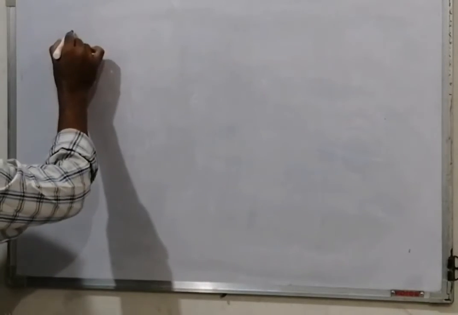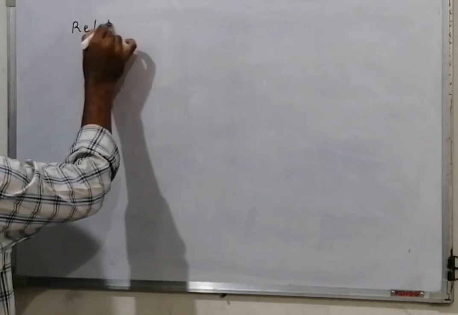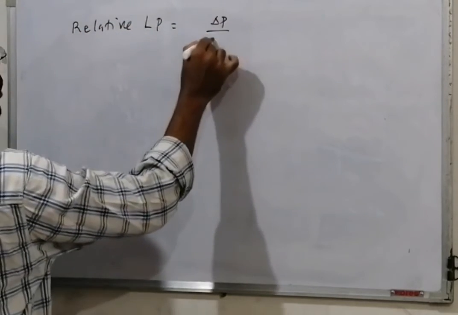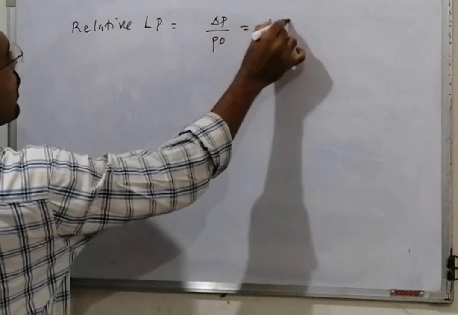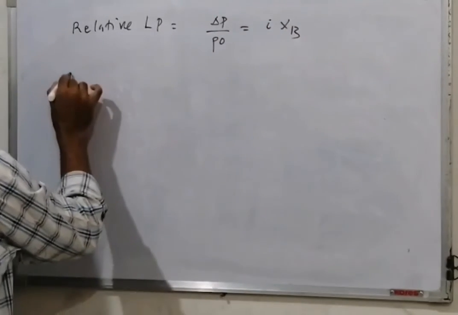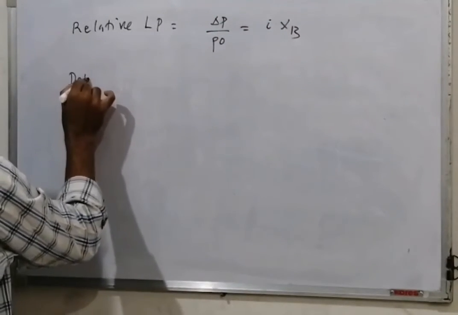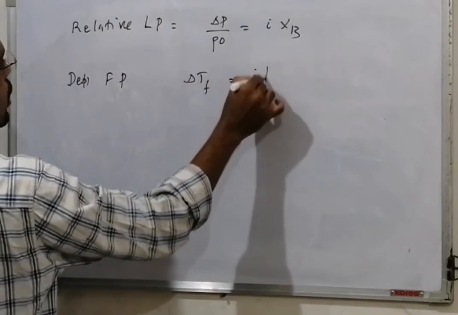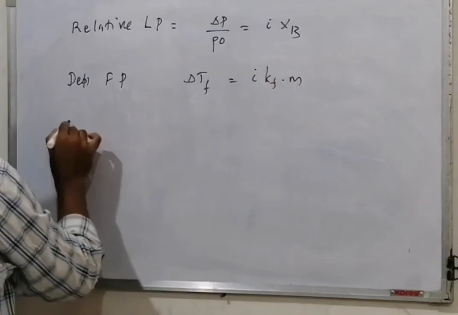For each colligative property: first, relative lowering of vapor pressure, that is delta P divided by P0 is equal to i into XP. Depression in freezing point, delta TF is equal to i into KF into m.